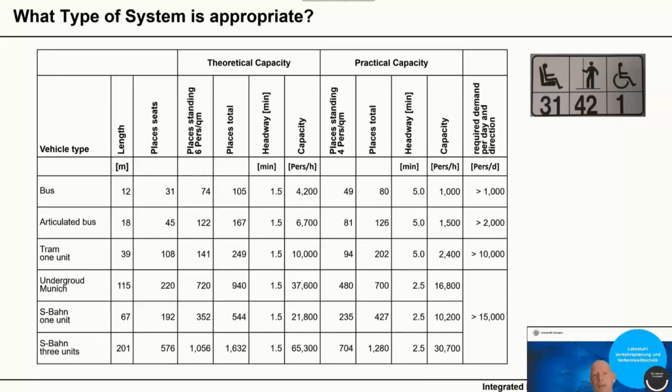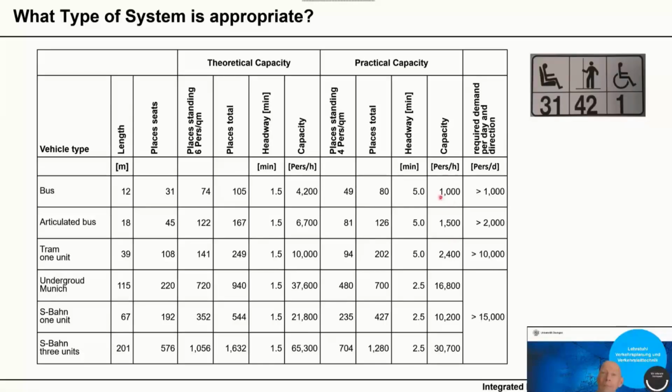So an S-Bahn transports 10 times as many people as a car. So instead of one track for railway, you need maybe 8 to 10 lanes for cars. So this is one very impressive reason why we need public transport.